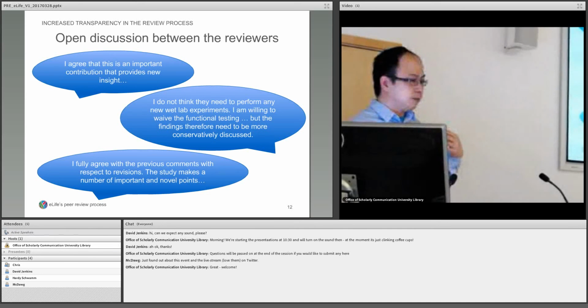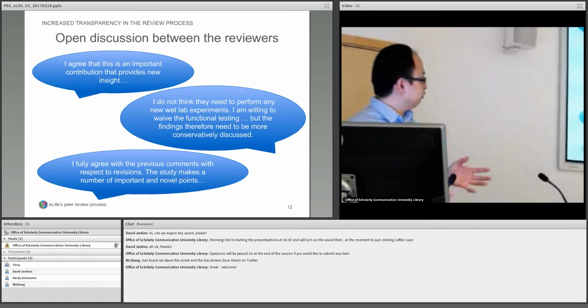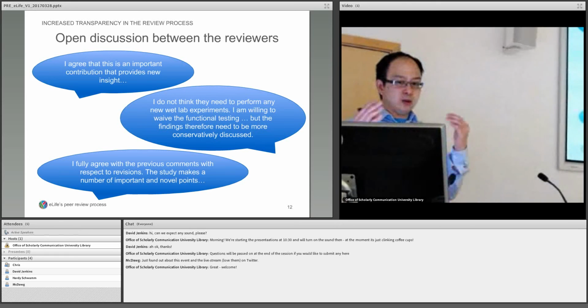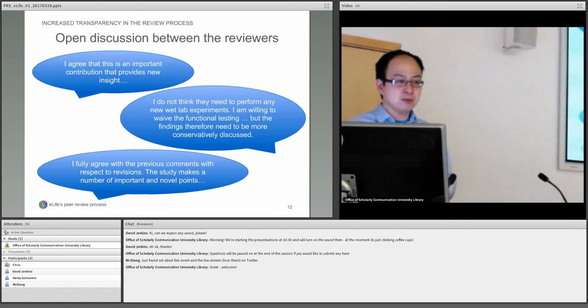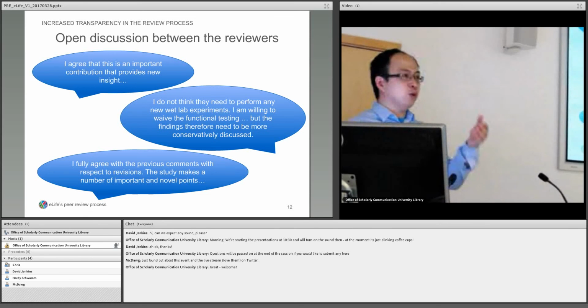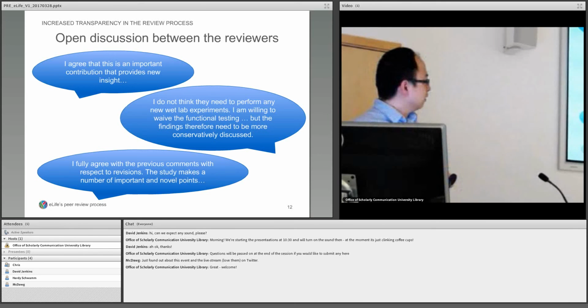After the reviewers have submitted their independent reviews, we have a consultation session where they can discuss each other's concerns. Within this session, their identity is revealed so that they're no longer anonymous. This also helps in the sense that their comments will hopefully be more constructive and more helpful, through the fact that they know each other.